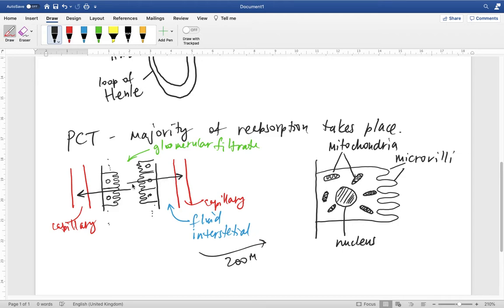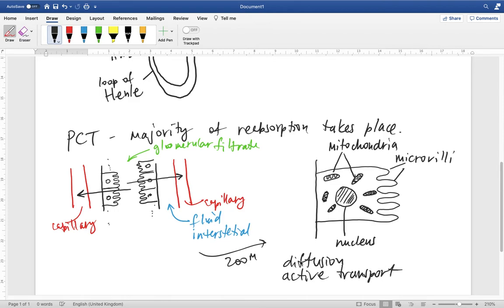The two main mechanisms by which those substances are going to be transported are, first of all, diffusion. So let me write it down. Diffusion is one of them, but another mechanism which is going to be at play here is called active transport.